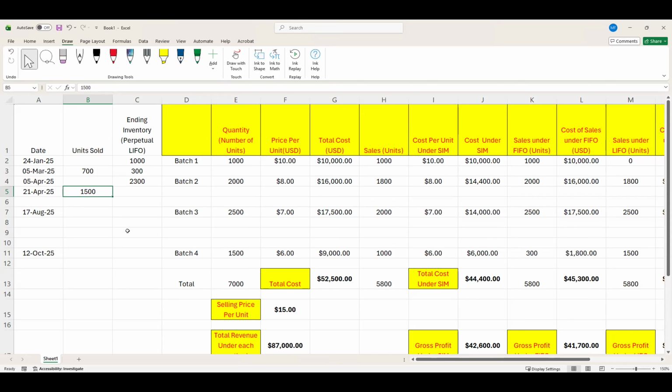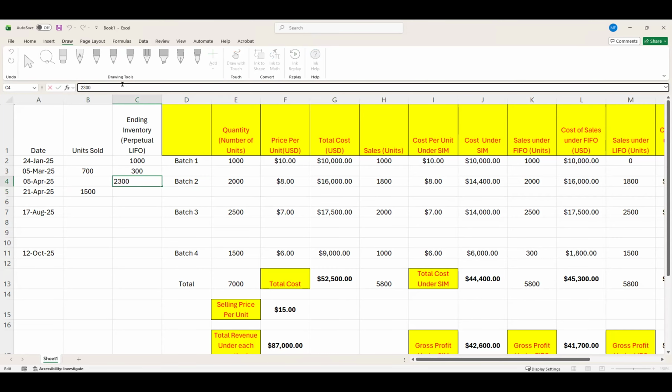The second sale, which is happening on 21st of April, my question is, how many units are being assumed to be sold from batch 2 items, which contains 2000 units, and batch 1 items, which contains 300 units? Tell me.